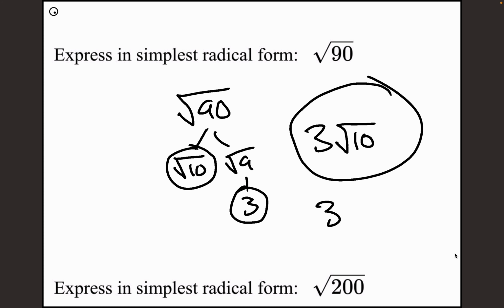You can't put your answer as this, because when you have 2 square roots left, you need to multiply them. Because technically this is 3 times square root 10, but we can't multiply them because one of them is a whole number, one of them is in a square root. All right, but then if you had this, you need to multiply your like terms. So 2 times 5 is 10. Okay?